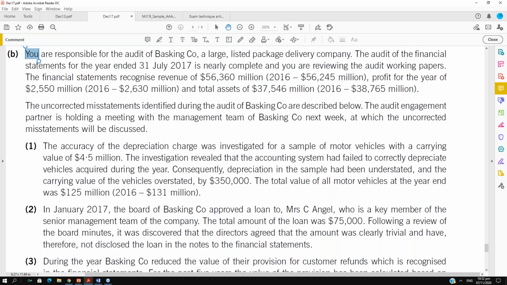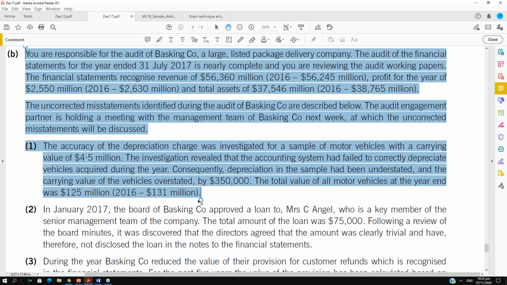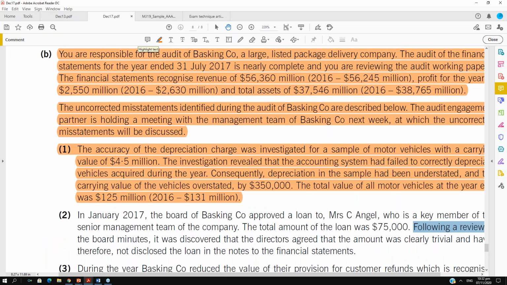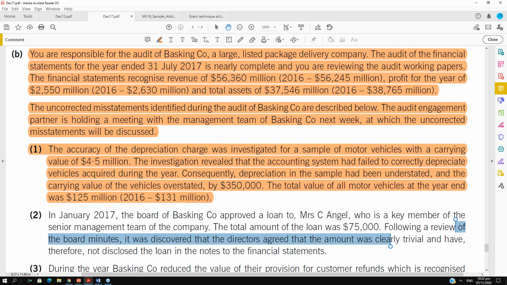Read from here to here. Your time starts now. You have 4 minutes to read the paragraph highlighted in orange in front of your screen. I hope you're all reading, right?